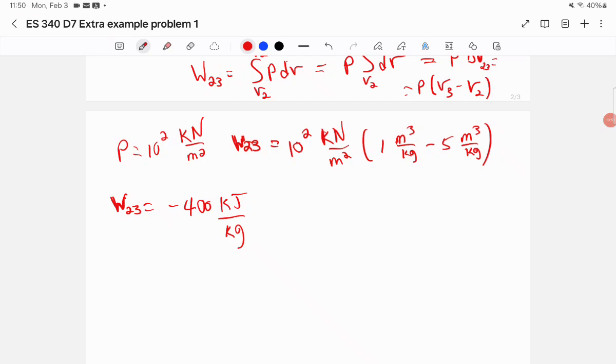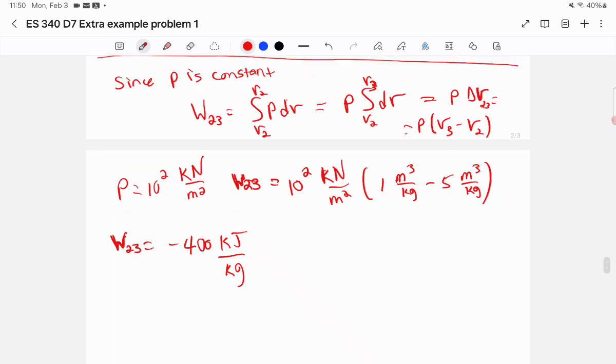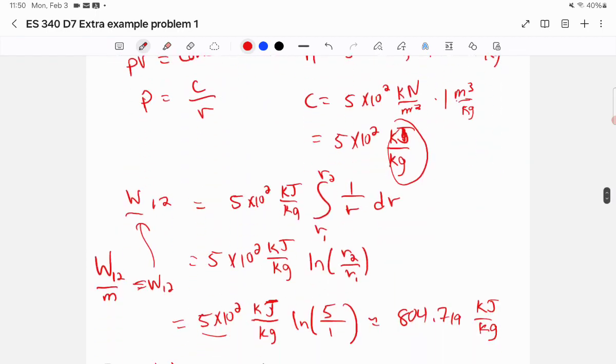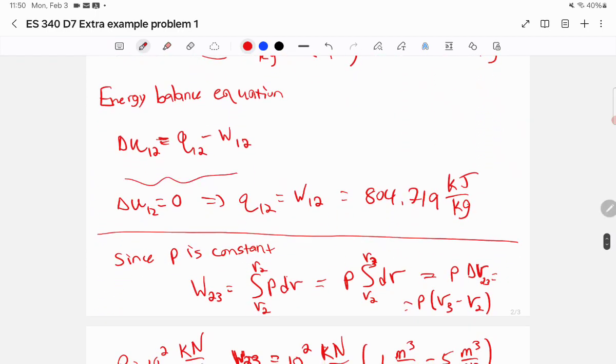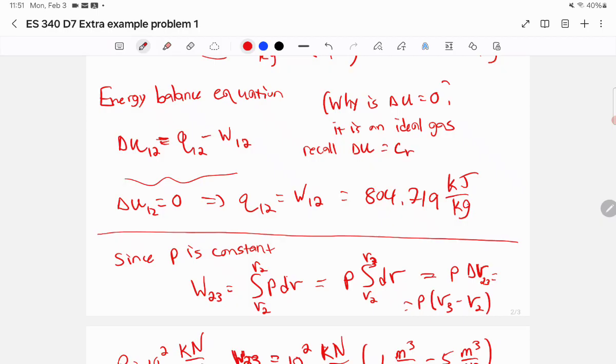And now we're going to need to think about this for a second. So up here, why was delta U equal to 0? I don't know if I did a good job of explaining that. I'm going to do a better job right now. Why was delta U equal to 0? Well, it's an ideal gas. And recall that for an ideal gas, delta U is equal to CV delta T, right?